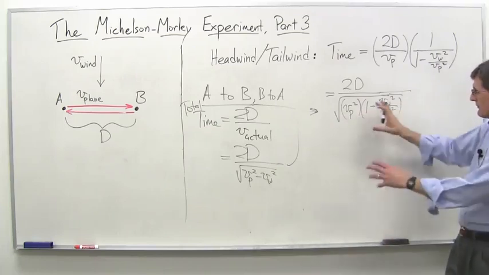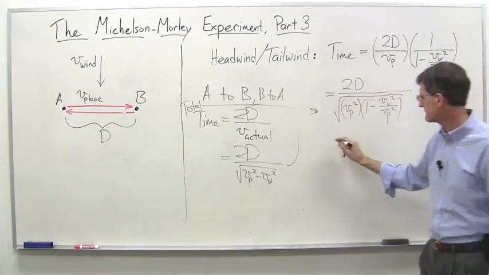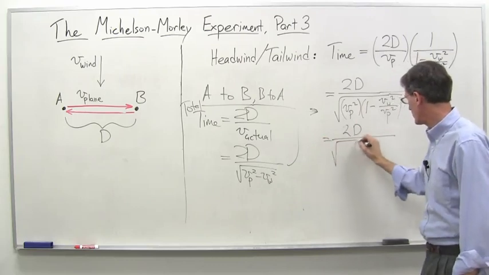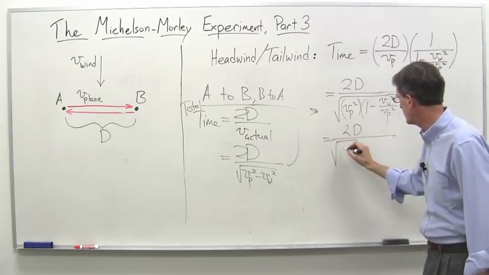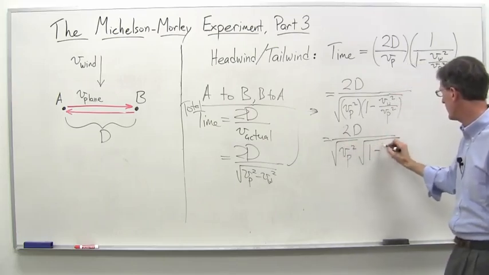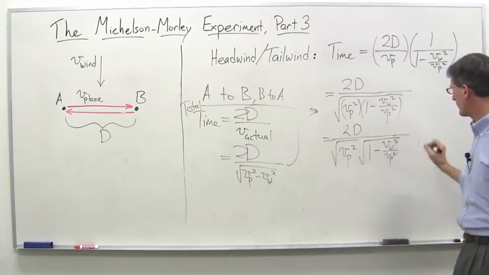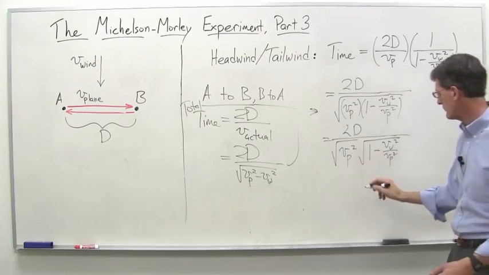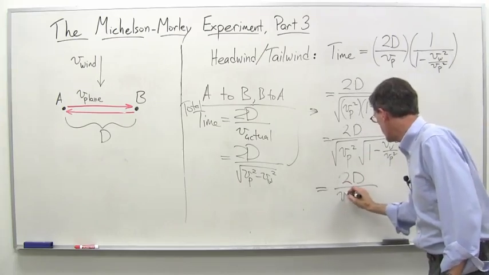I can then split this into 2 square roots like we did before, square root here, square root here. So this is 2D over the square root of Vp squared times the square root of 1 minus Vw squared over Vp squared. And of course, the square root of Vp squared is simply Vp. So this becomes 2D all over Vp.